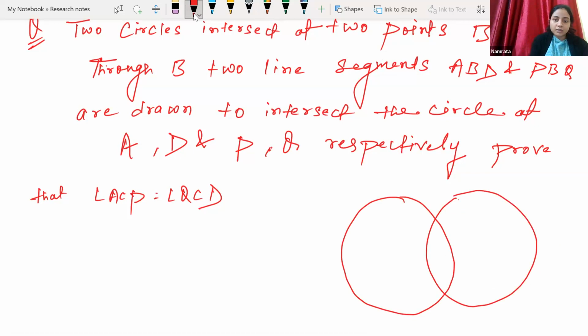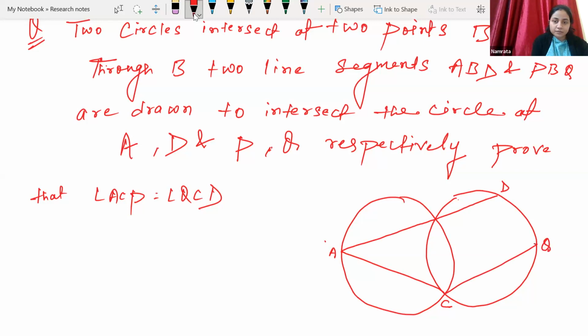And there is a line AC. Then AD. Here we are having CQ.